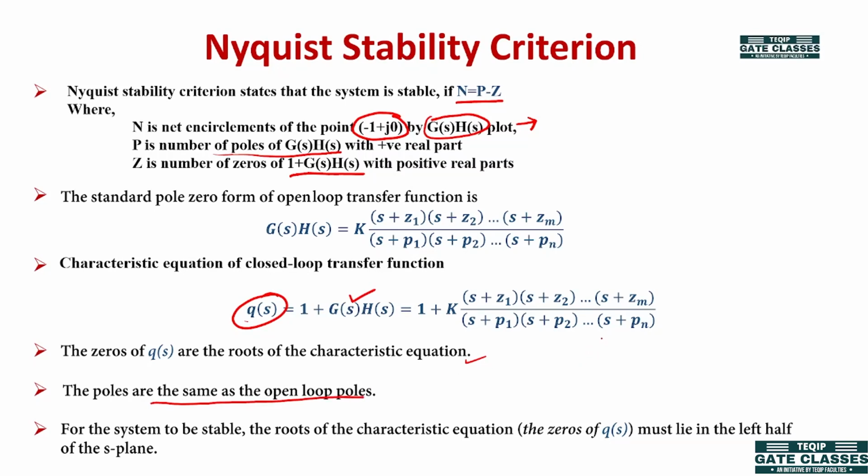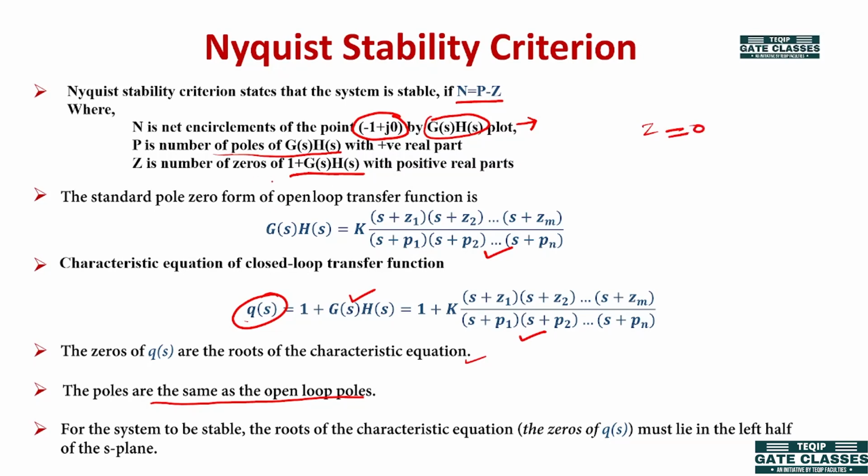So the poles of this characteristic equation would be the same as the open loop poles, and the zeros of Q(s) would be the roots of this characteristic equation. For a stable system, as we saw in Routh's criterion, the roots of the characteristic equation, that is the zeros of Q(s), must lie in the left half of the s plane. So our Z should be 0.